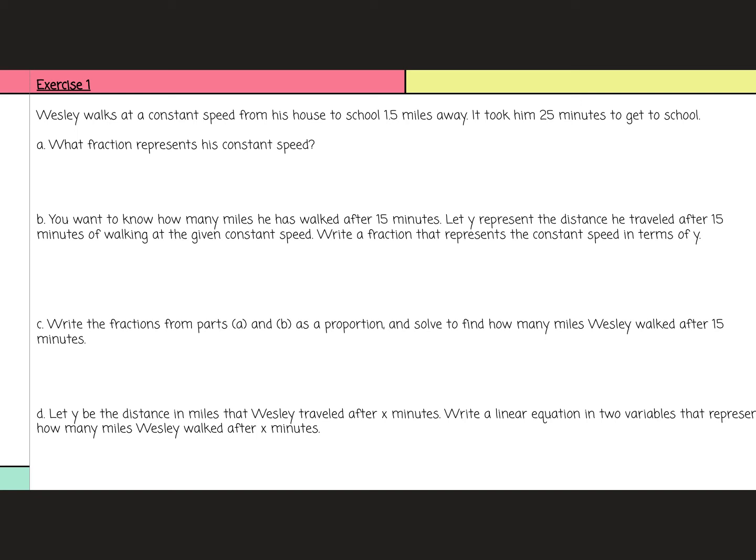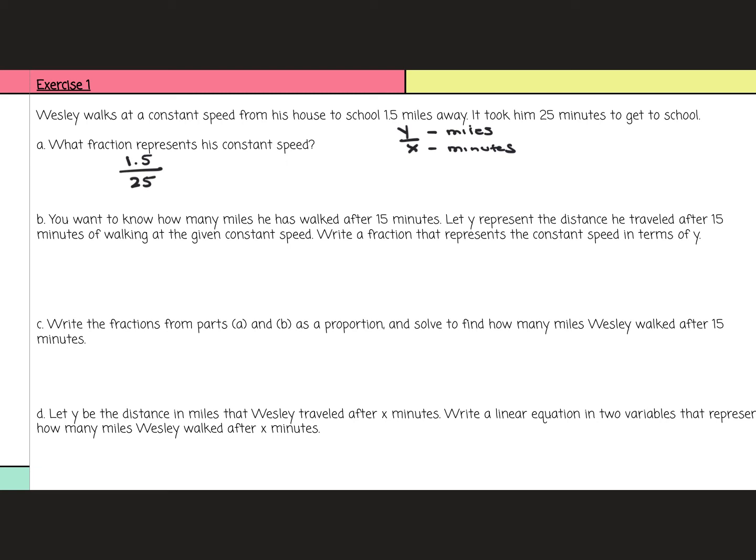We write our proportion y over x, where y is going to be the miles and x is going to be the minutes. So we have 1.5 miles over 25 minutes. That represents our constant speed.